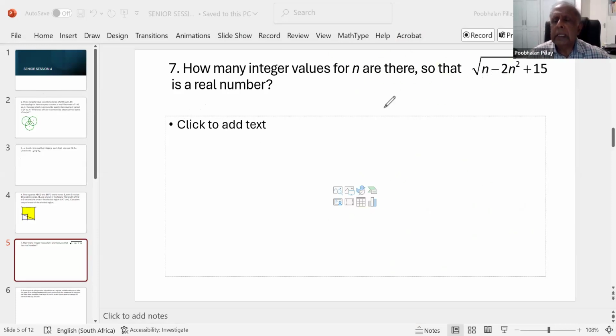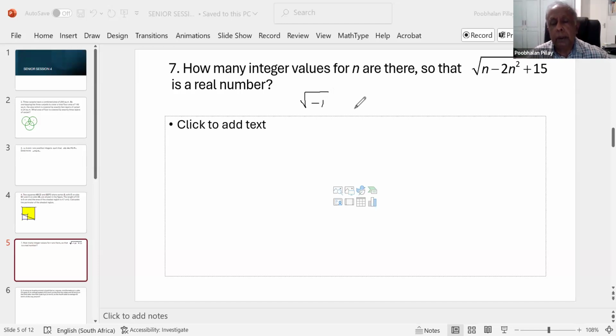When is the square root not a real number? The square root of a number is not real when you cannot find it, it doesn't exist, like the square root of -1.